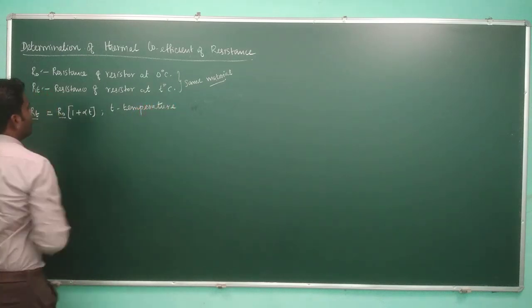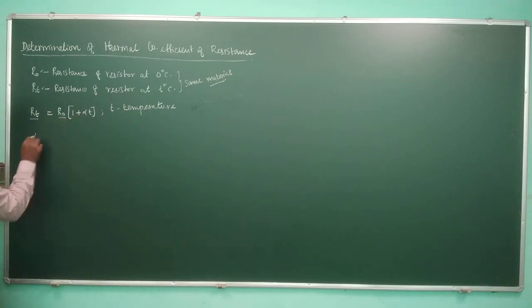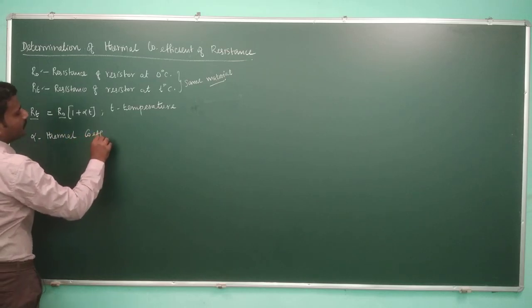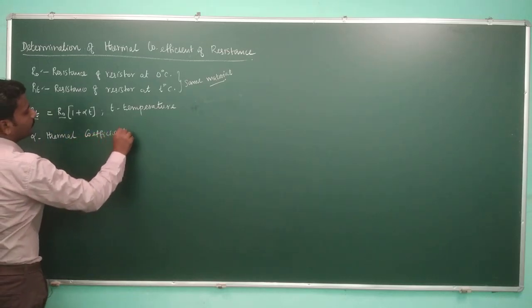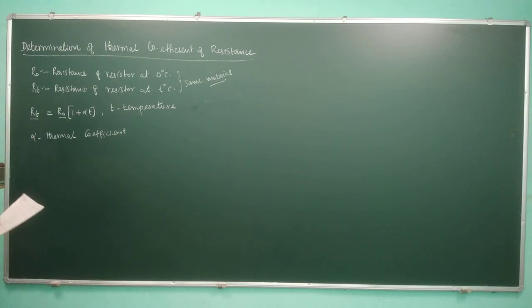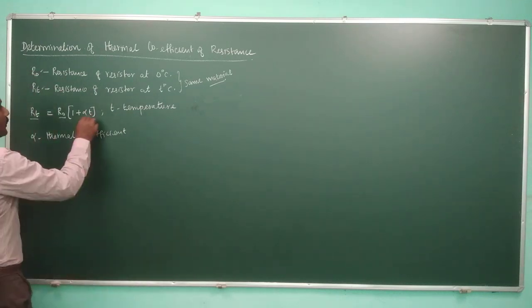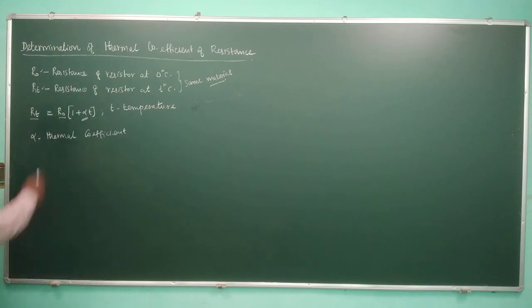What is alpha? This alpha is defined as the thermal coefficient, and this is what we need to calculate. So we have to rewrite this equation in terms of alpha.